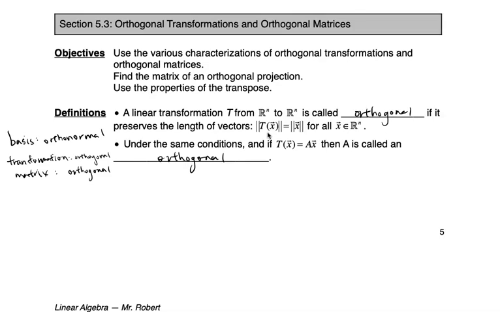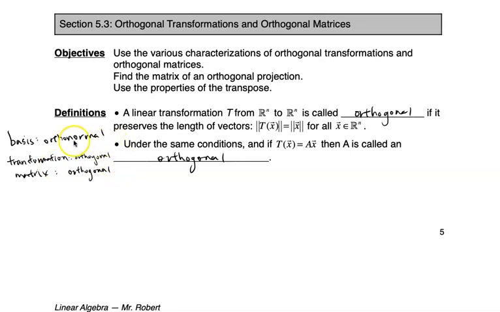This, of course, has to be true for all vectors. And if we have a linear transformation T that is orthogonal, then the matrix of that transformation is also called orthogonal.